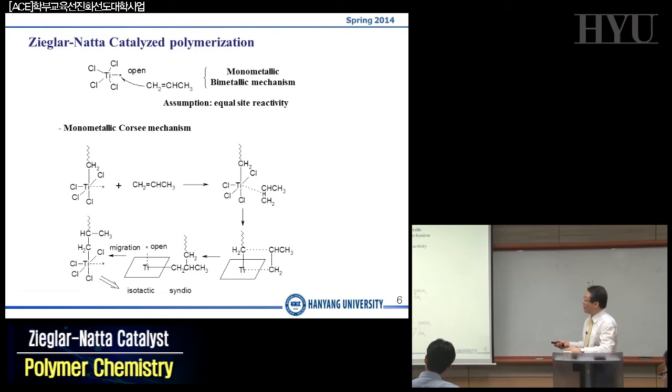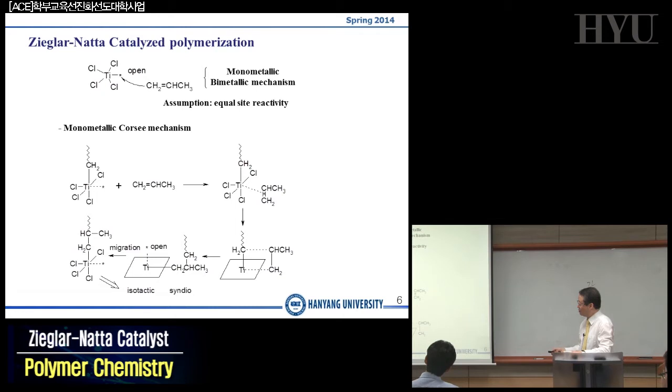Now, first of all, if you have a titanium tetrachloride and a growing chain, this vinyl group may have some sort of transition state between the titanium and the vinyl group, and form the tetragonal transition state. Now this is the chlorine.